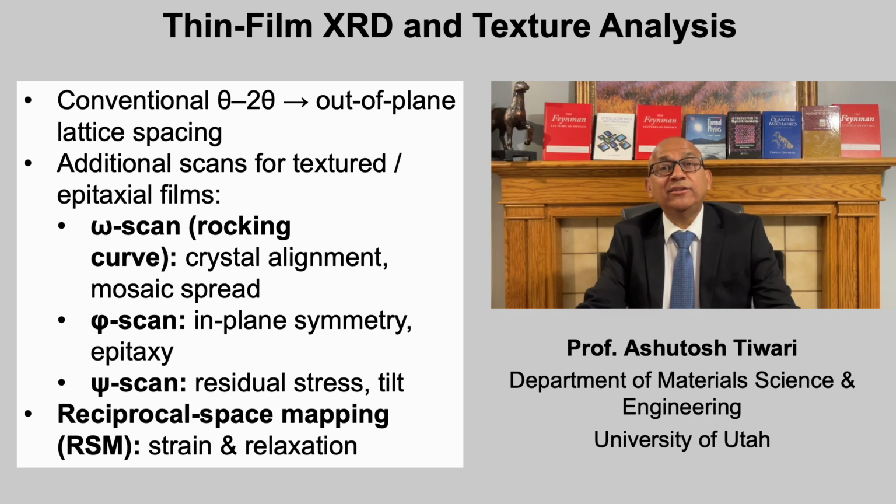When we analyze thin films or epitaxial layers, conventional theta to theta scans provide only out-of-plane lattice information. Because these films are often oriented or strained relative to the substrate, additional scan geometries are required to obtain a full structural picture.